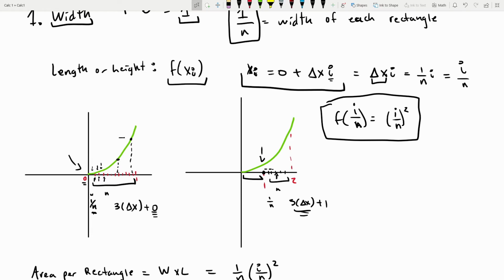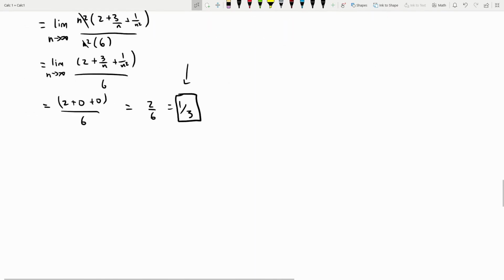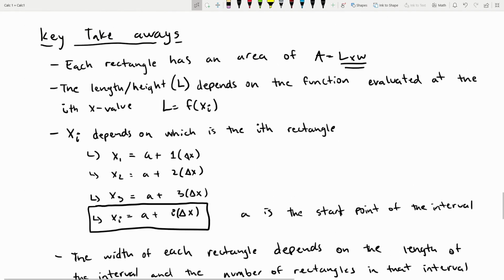They will both have different y values here. So we need to figure out which rectangle we are talking about. That's why we use f of x subscript i, because we don't know what the ith rectangle is that we're talking about, right? Then we say that x_i depends on which is the ith rectangle. Like I said, we don't know which one it is, right?